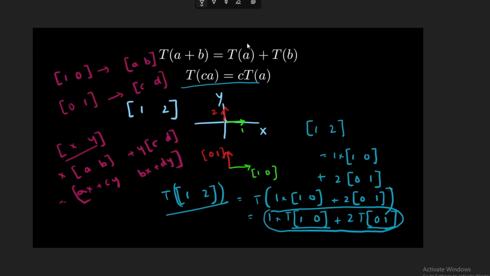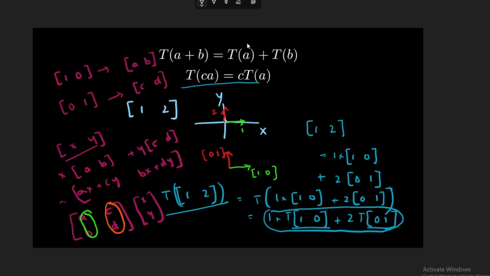This can also be written as the matrix multiplication of the matrix with columns a, b and c, d with the vector x, y. a, b represents the new vector at which the x unit vector lands, and c, d represents the new y unit vector.